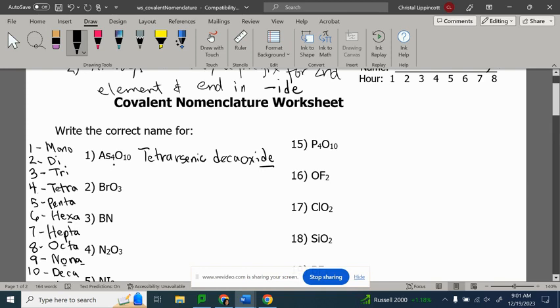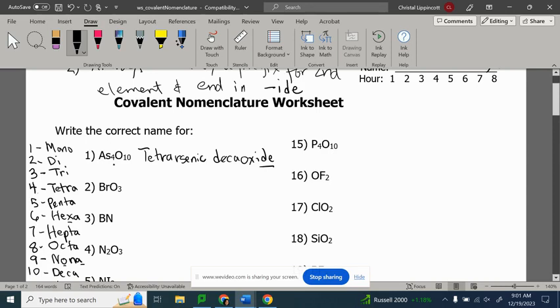With the tetra, since tetra ends with an A, and since arsenic starts with an A, I'm going to eliminate one of the A's. And honestly, if you doubled up that A, I wouldn't mark you wrong. I'm just happy to see that you know how this naming structure works. Does that make sense? If you end this in an "ite," I'm going to mark it wrong.